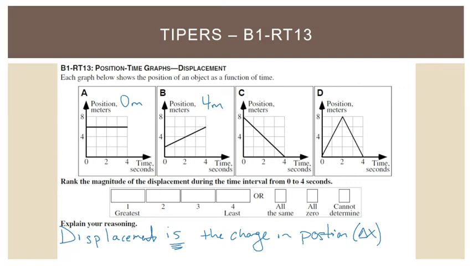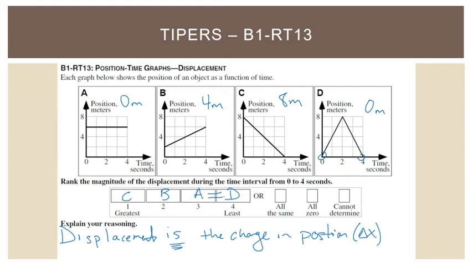This one goes all 8 meters. And this one starts at 0, ends at 0. So that would be 0 meters. And so for our ranking, pretty simply here, we have C, then B, and then A is equal to D.